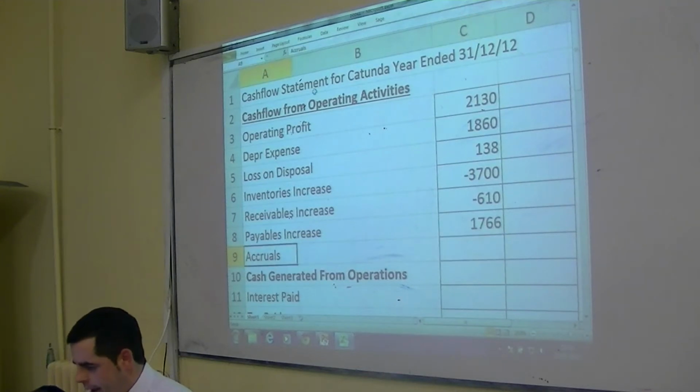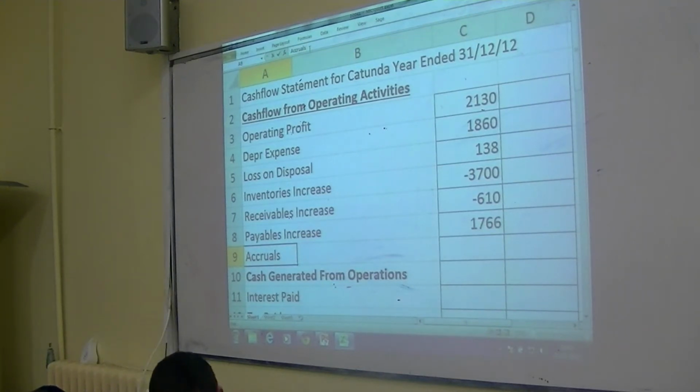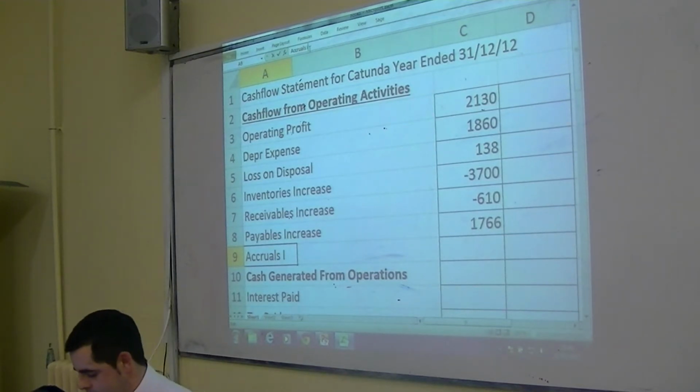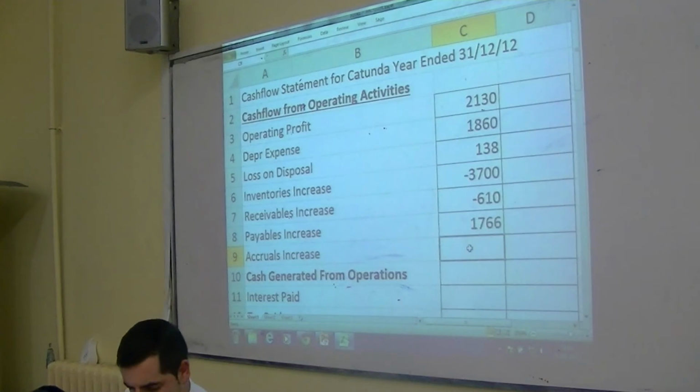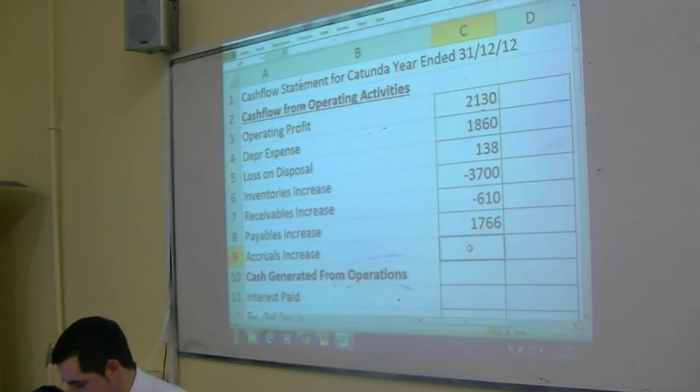Perfect. And then we have accruals. Accruals have gone upwards as well. So in theory that's good, isn't it? You haven't paid whatever bills they are, so they've accrued up and your cash is still there. So how much did they increase by? 490.